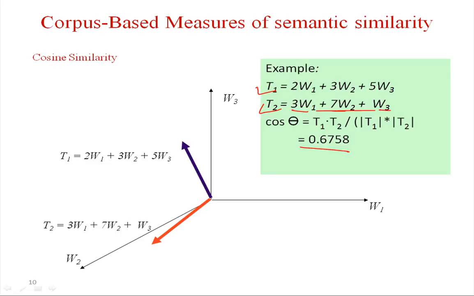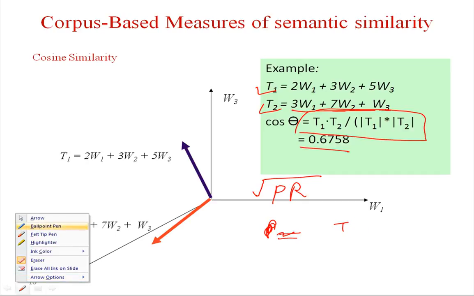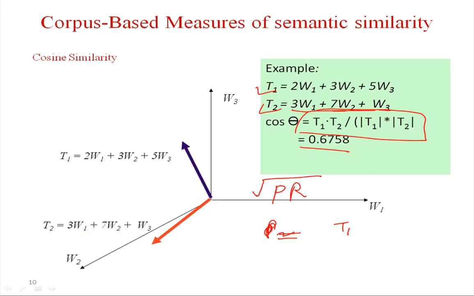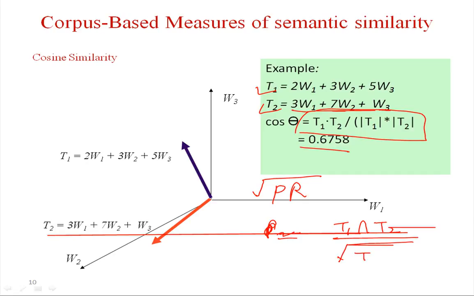The first is the full formula, and a simpler version is the root of precision into recall, which equals T1 intersection T2 divided by root under T1 into root under T2.